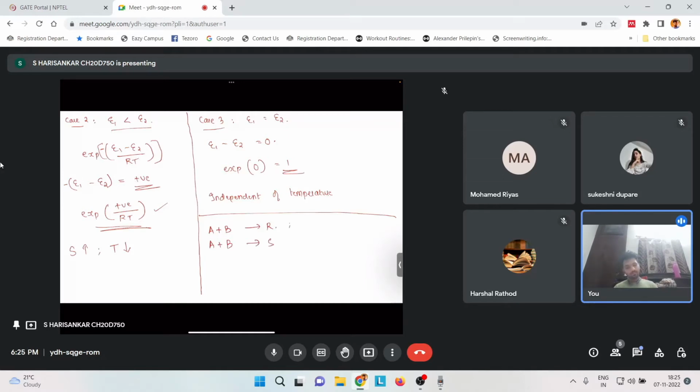So here the rate of reaction of R will be k1 Ca raised to n1 Cb raised to m1, and here rate of S will be k2 Ca raised to n2 Cb raised to m2. So if we want to find the selectivity of, let's say, S_R, it will be r_R by r_S, and that will be k1 Ca raised to n1 Cb raised to m1 by k2 Ca raised to n2 Cb raised to m2.